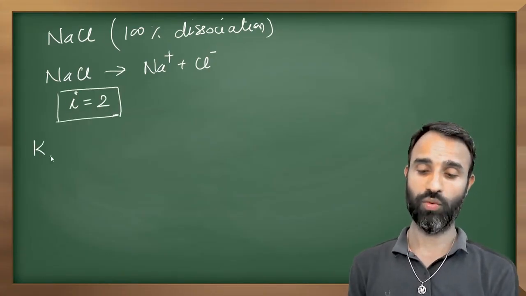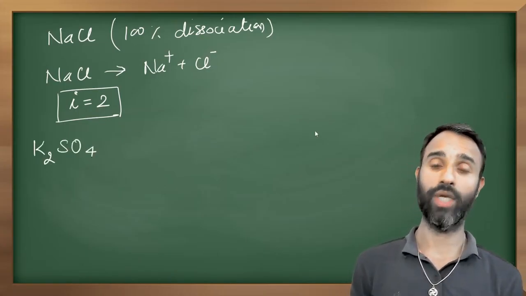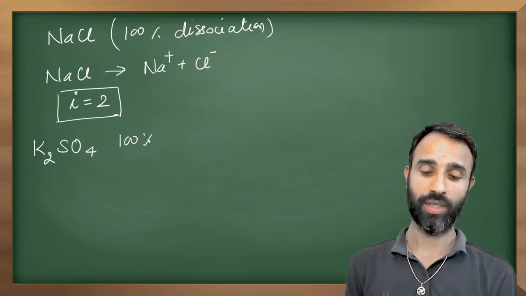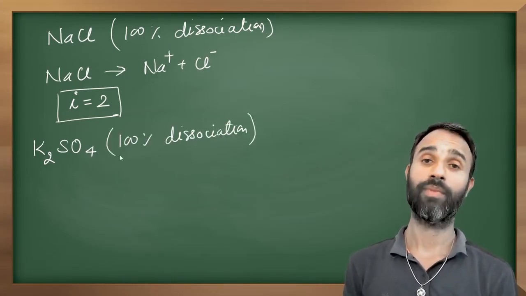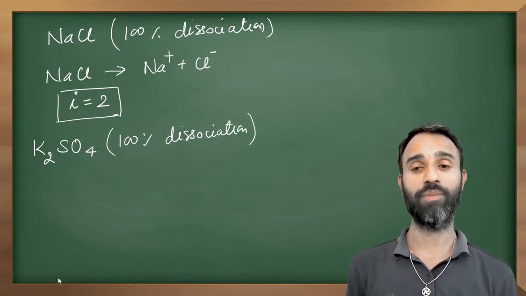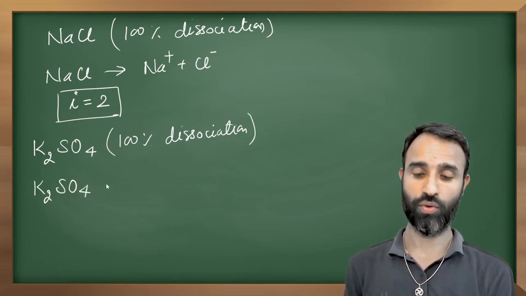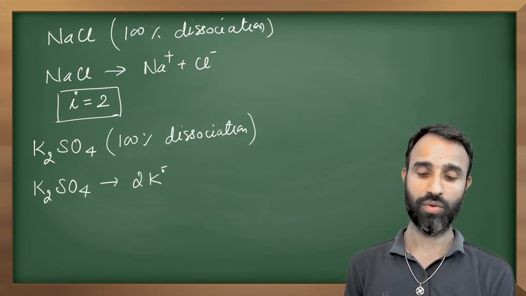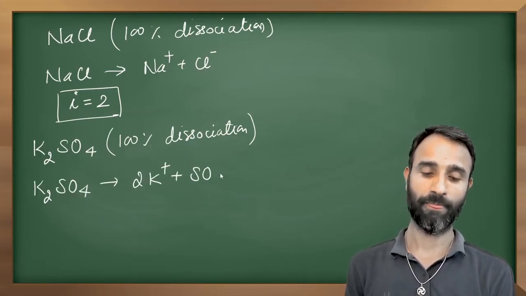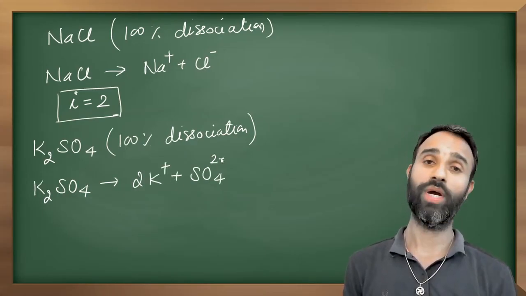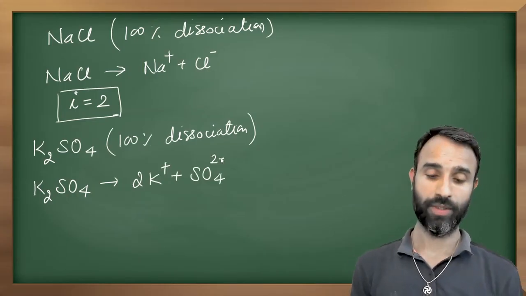Now K2SO4. What is I for K2SO4 if it undergoes 100% dissociation? K2SO4 will give 2K plus and 1 SO4 2 negative.